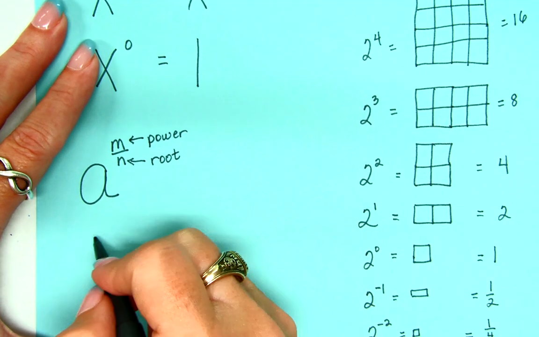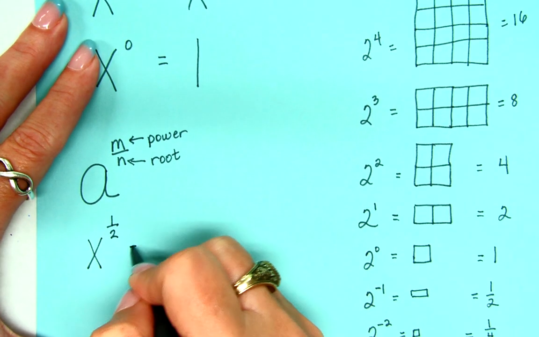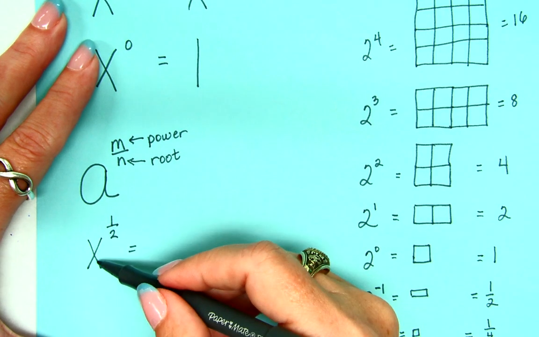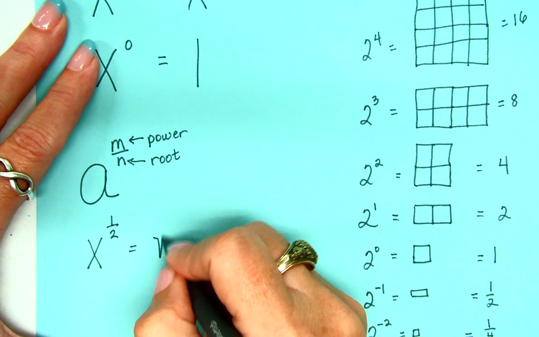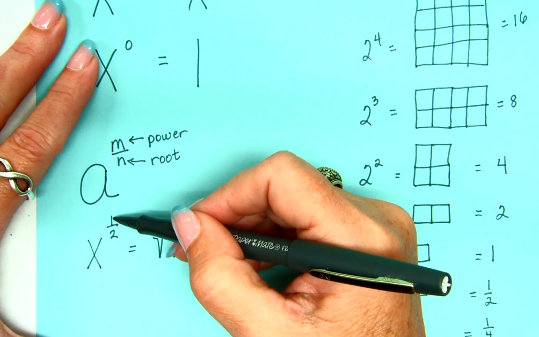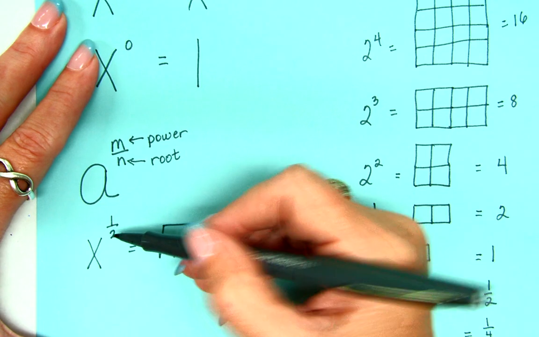So what I mean by that is if we have x to the 1/2 power, what I'm actually asking about x is what is the square root of x? See, it's x to the first power, but it's the second root or square root of that number.